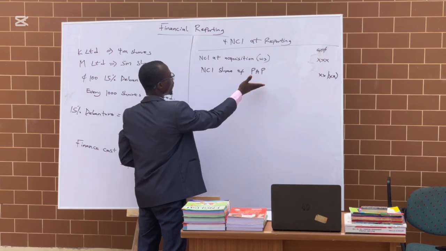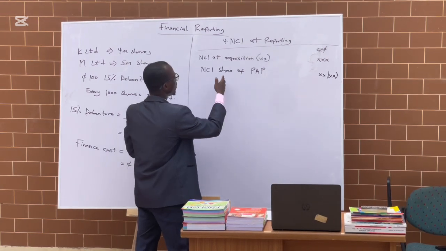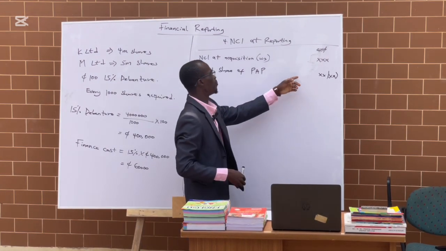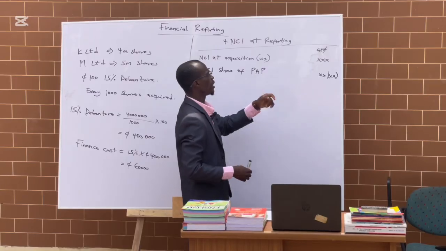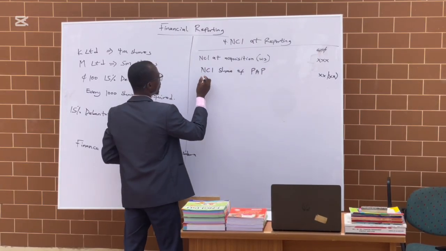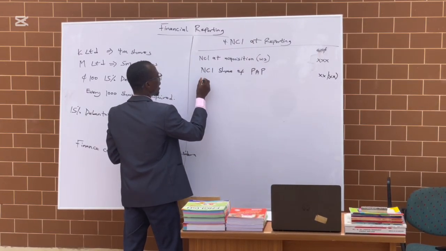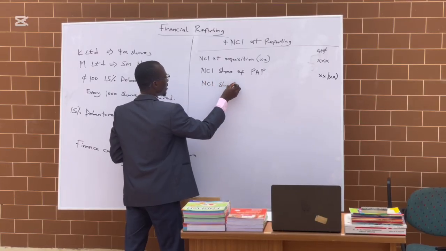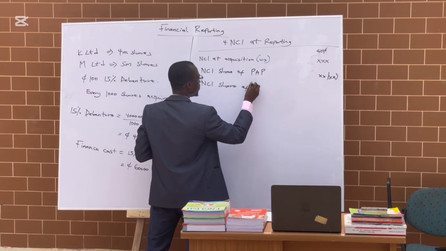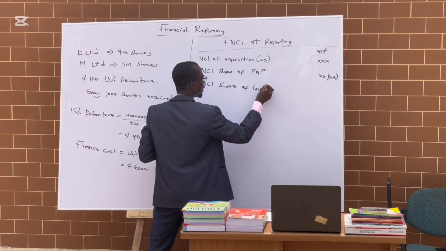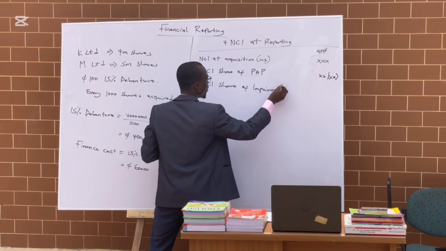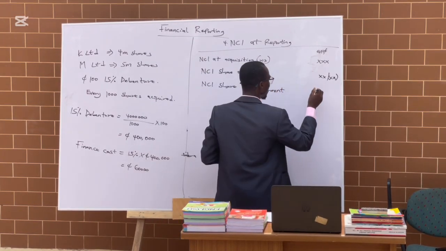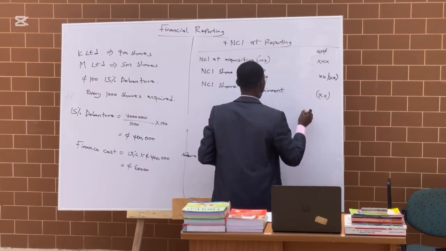So the share that the subsidiary is going to have is what you bring when you are doing the NCI at reporting. Then you also need to bring the NCI share of impairment. And this one only comes in where the parent values the NCI at fair value. So you bring this one too.